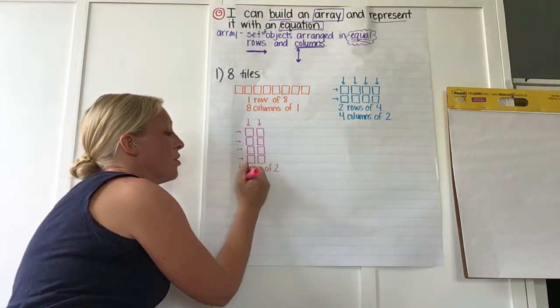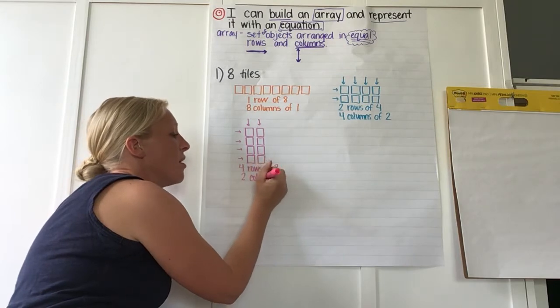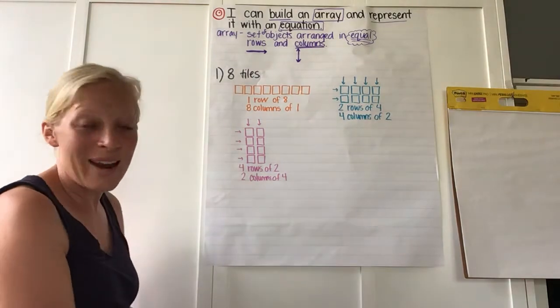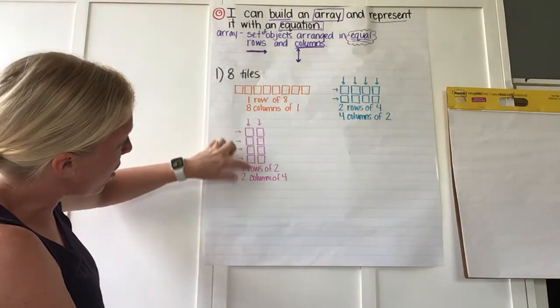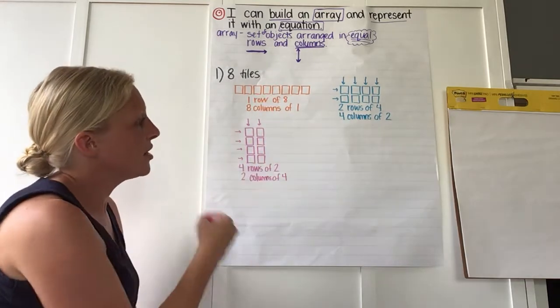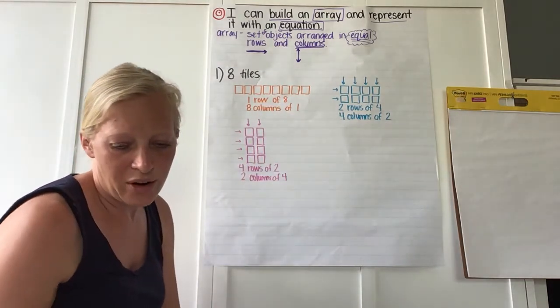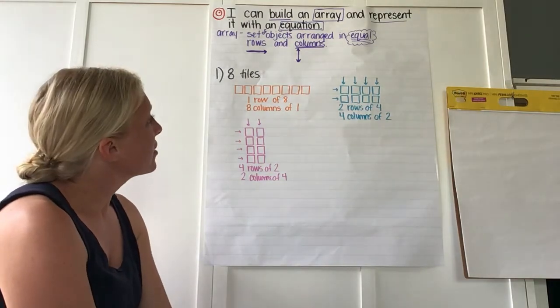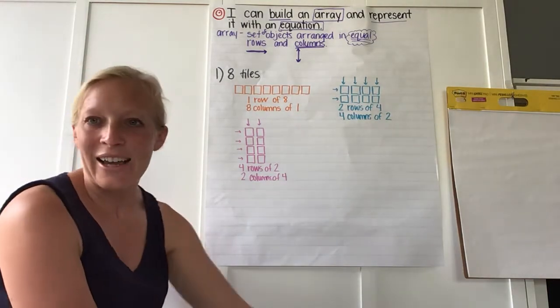1, 2. 2 columns of 4, right? Because they have 1, 2, 3, 4 in each column. Now, what do we notice about these different ways of showing our thinking? What do we notice about these 3 ways of representing these 8 tiles?